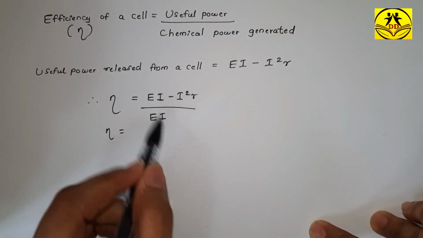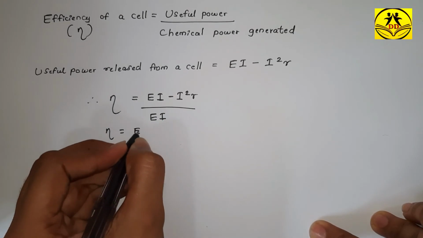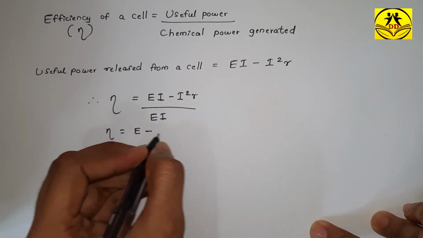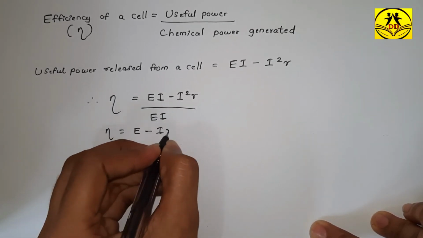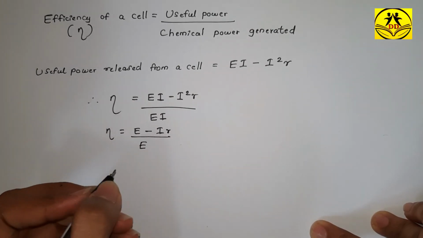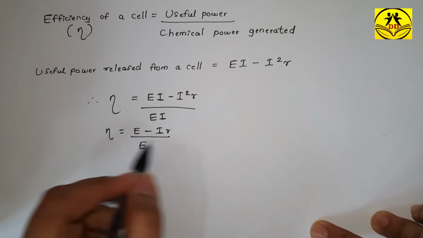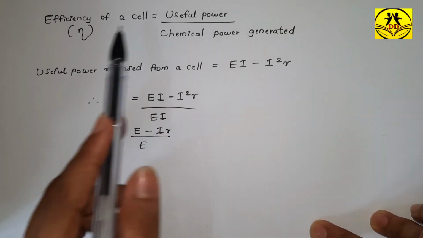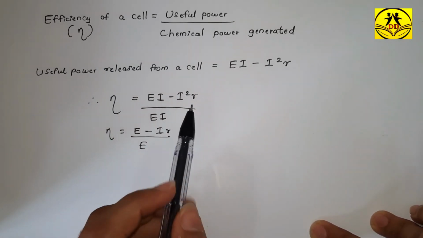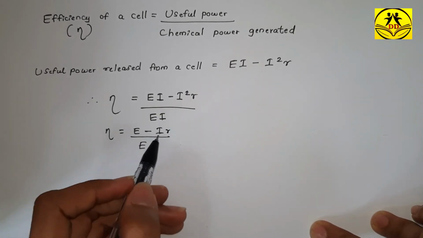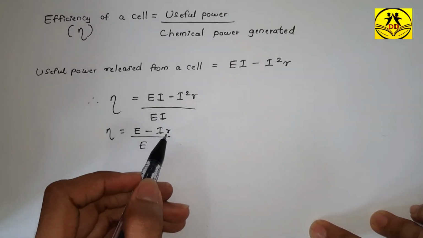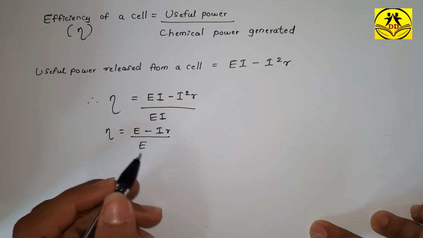If you cancel I here, eta equals E minus Ir over E. Now what is E minus Ir for a simple circuit? Now I am writing this efficiency for a simple circuit actually. And so E minus Ir for a simple circuit is V.